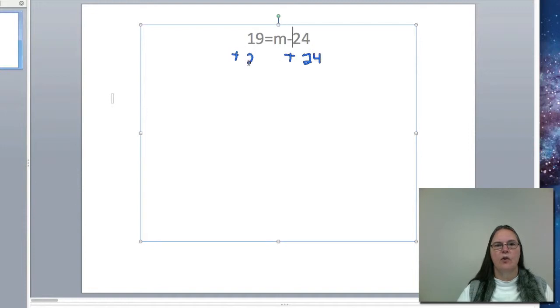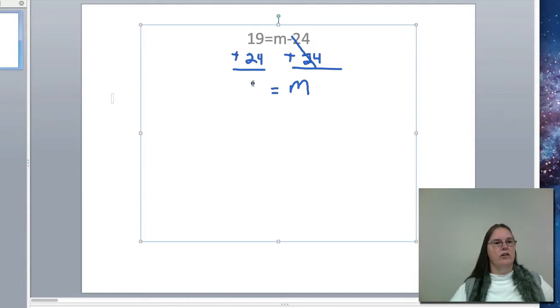Add 24. You know, when you work with an equation, you can kind of think of an equation as a canoe. You have to keep balance all the time. If there's not an equal sign, it's not an equation. In this case, we have an equation because it equals something. Otherwise, it's called an expression. Now look what happens here.